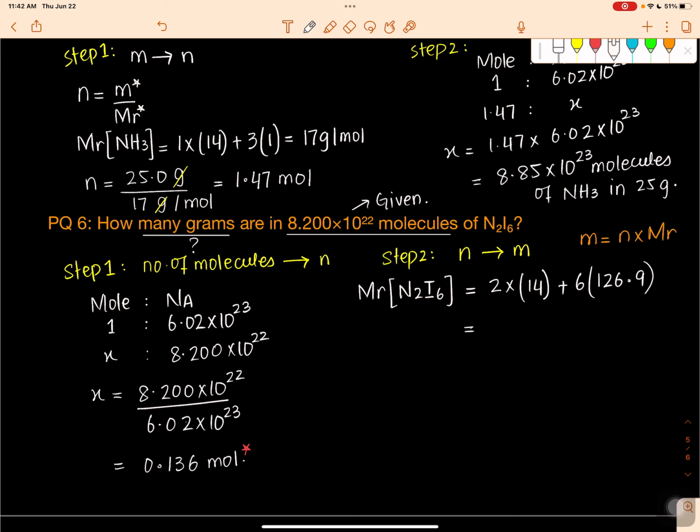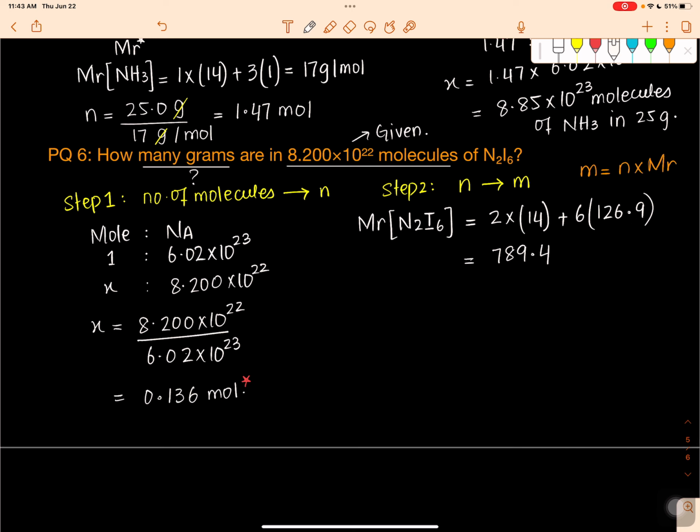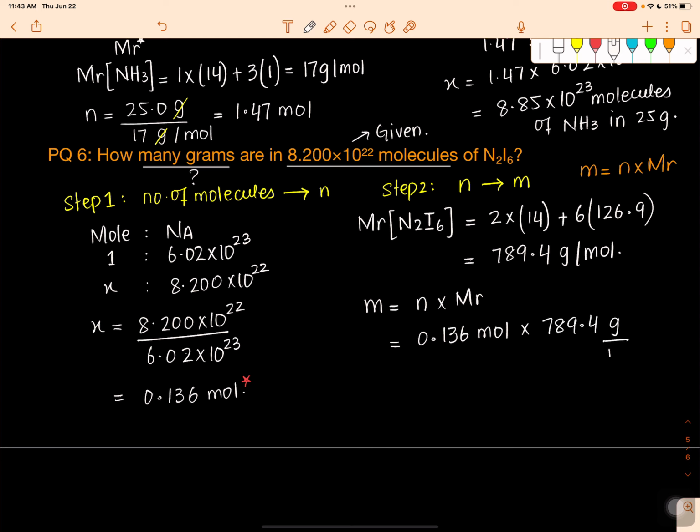So what do we get? 2 cross 14 plus 6 cross 126.9. We get 789.4. Now mass is equal to number of moles times MR. This is grams per mole. So the number of moles is 0.136 mole cross 789.4 grams per mole.